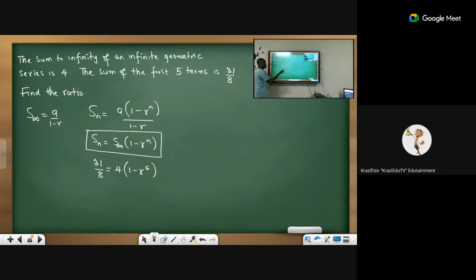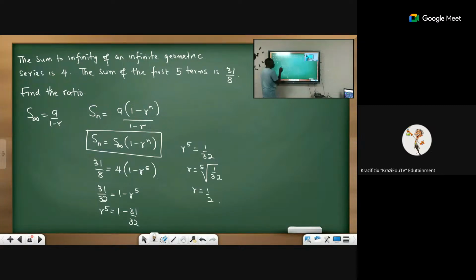What do we do here? Divide both sides by 4. That is 31 over 32. Move the r over, it becomes positive. We're already at the final step. So what do we have? r to the power 5 is 1 over 32. The fifth root of 1 over 32.